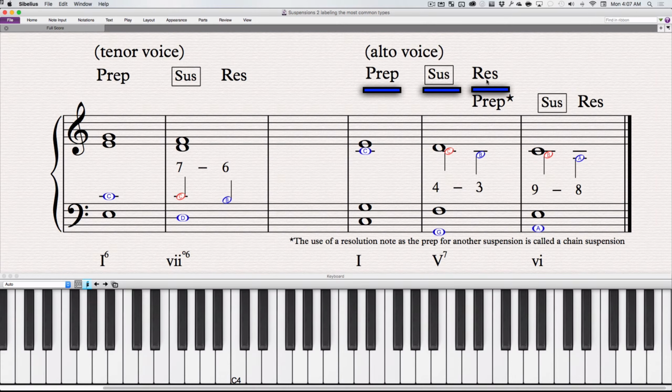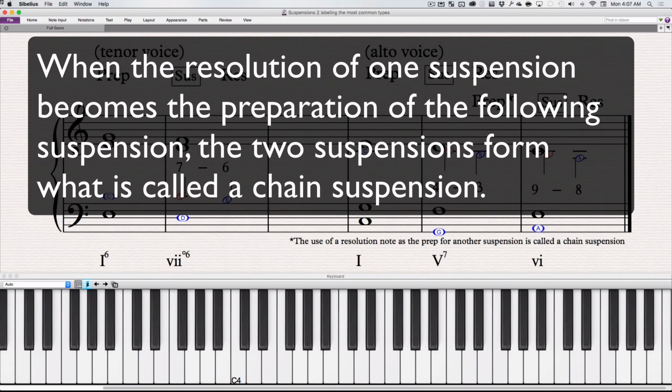But right as I resolved the note, I used the same note to become the preparation or chord tone in the next figure. It's like one note is being used for two purposes. And when that happens, it's called a chain suspension. Just one suspension linked to the previous suspension by the resolution tone.